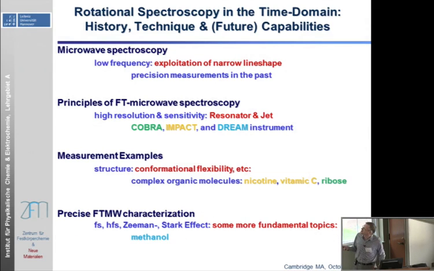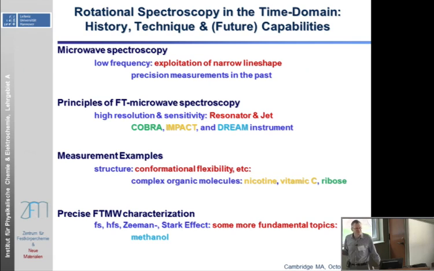First, for those that are not microwavers, I'll show a little bit about the spectroscopy and what the strengths are, and that we really can exploit the narrow line shapes. Some of the instruments we have, of the classical type and more modern types, and maybe what we will build in the future if we ever get money.